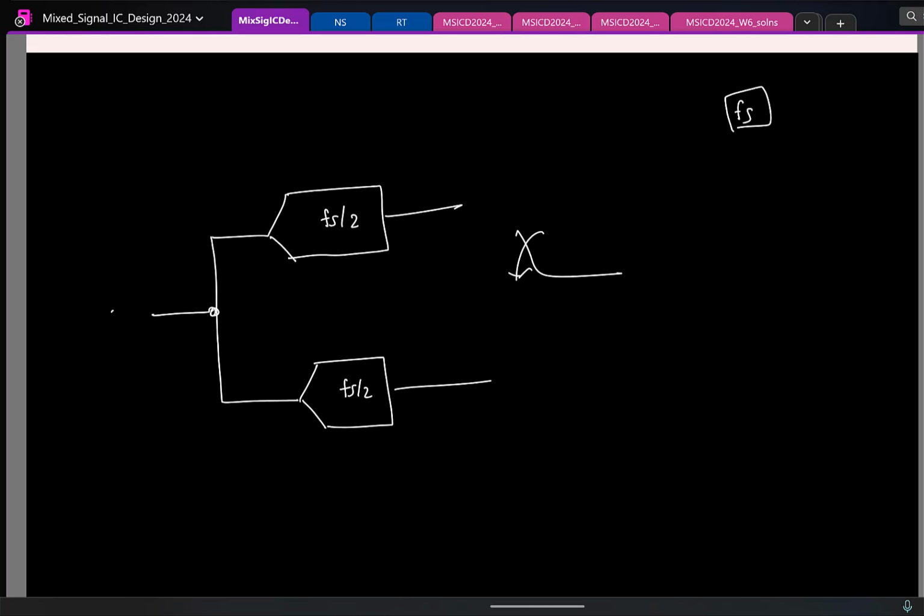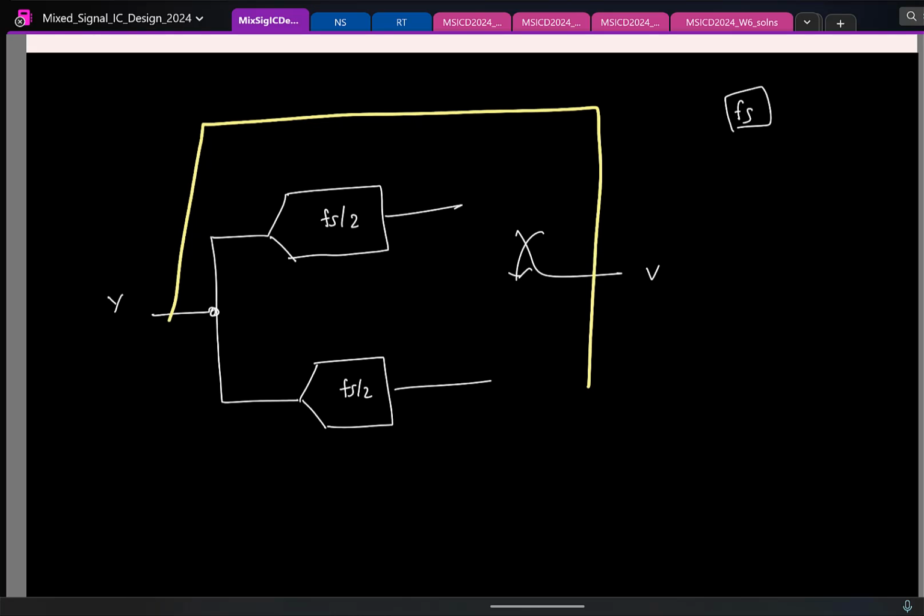Let us say this is the input y, output v. If the effective sampling rate of this ADC is fs, what is the maximum signal bandwidth I can have at the input? Fs by 2.